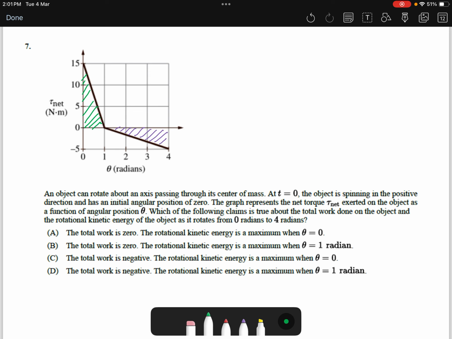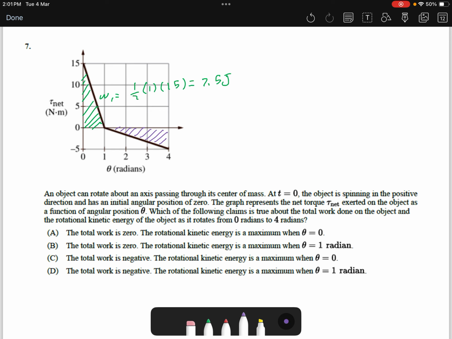So work 1 equals 1 over 2 times 1 times 15, which equals 7.5 joules.